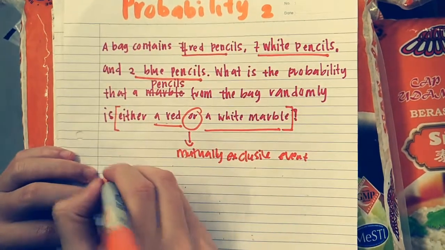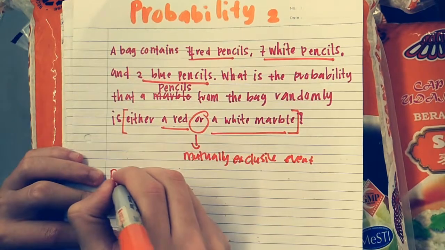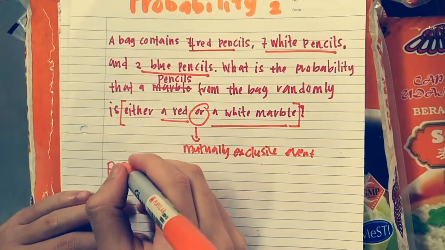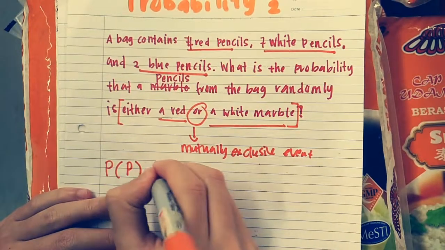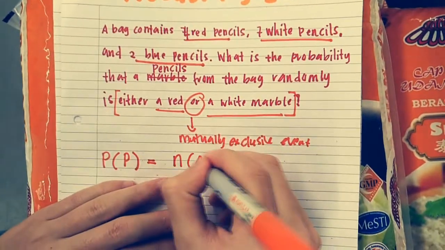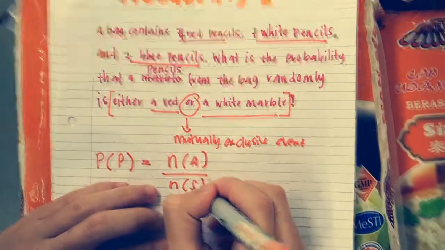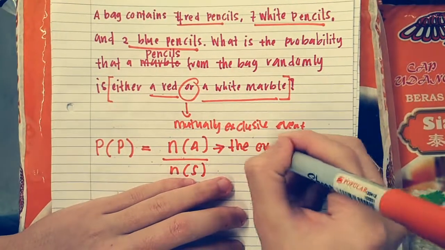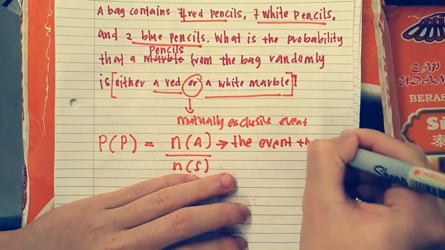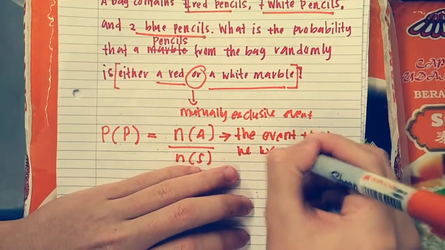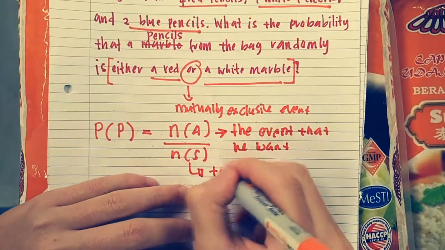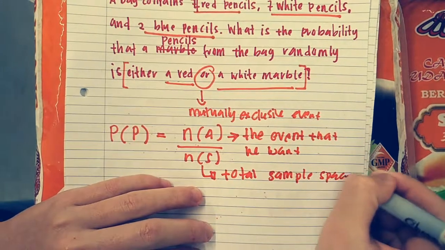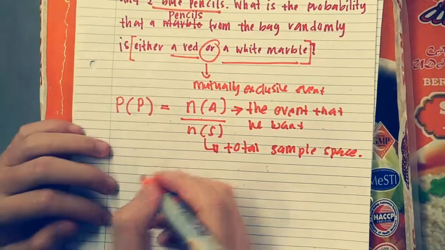First, to solve the question, there is a formula we need to use. For the probability of a pencil, we have P = n(A) over n(S). n(A) is the event that we want. n(S) is the total sample space. From the question, we need to find the sample space first.